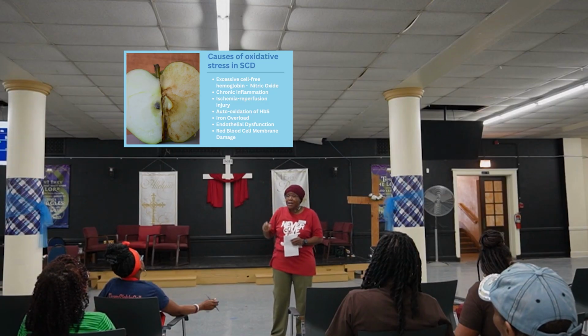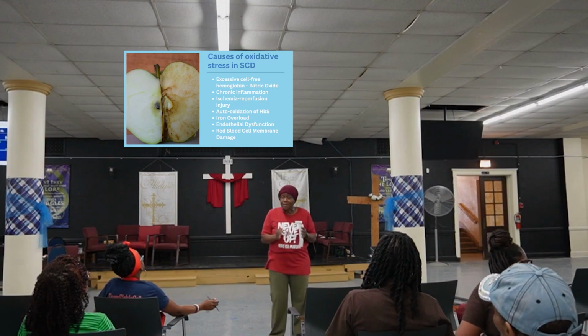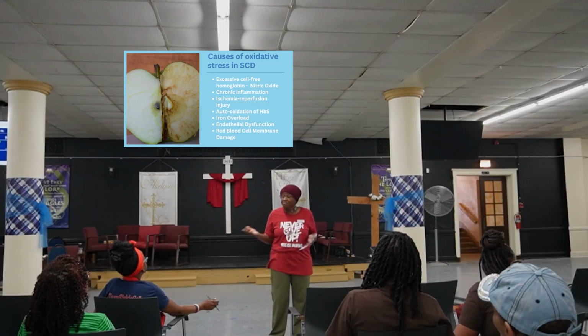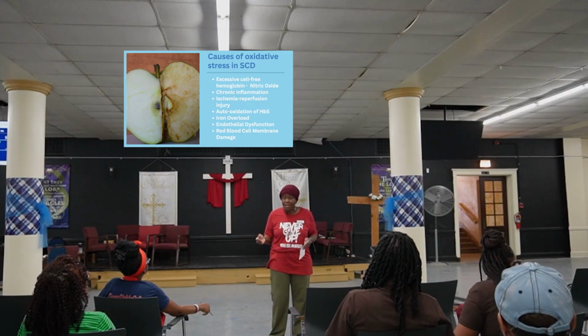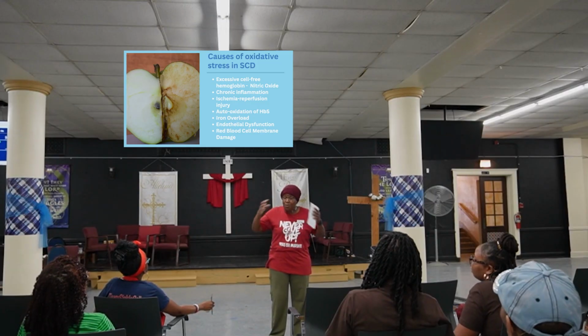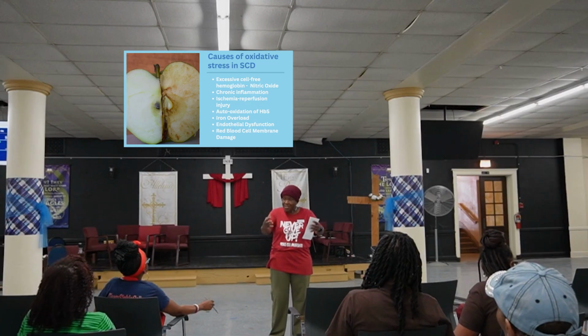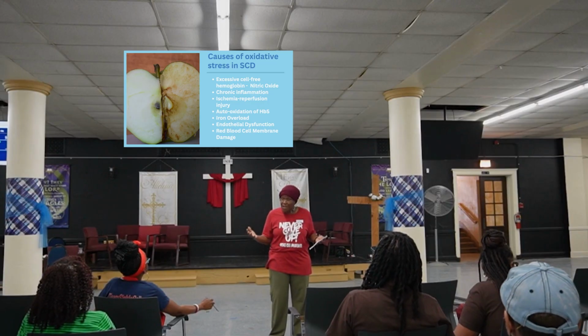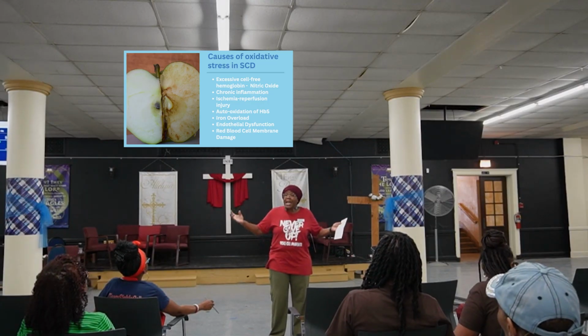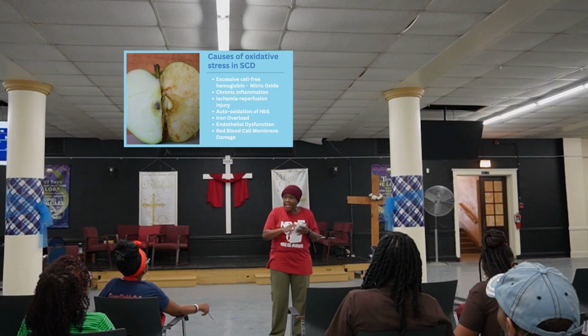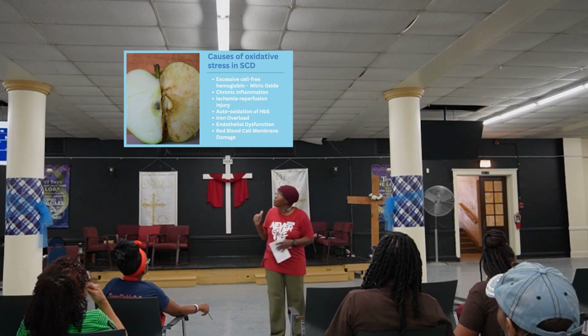So think about it. Sickle cell damages your cells. The components that are within the cell are released. That happens in sickle cell, right? It reacts with oxygen and it causes the browning.